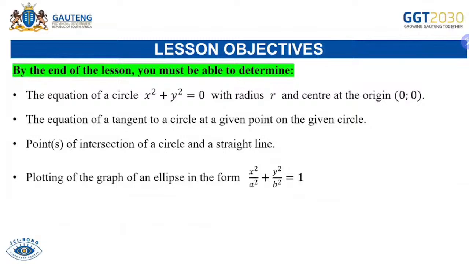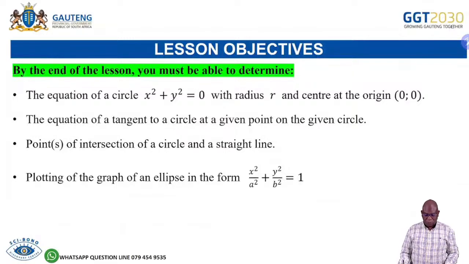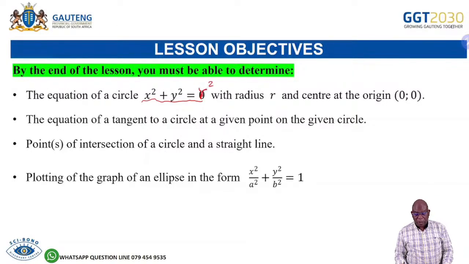The lesson objectives: by the end of this lesson, you must be able to do the following. You must be able to determine the equation of the circle in the form x squared plus y squared equals r squared, with the radius r and the center at the origin (0, 0). We must be able to determine the equation of the tangent to a circle at a given point.